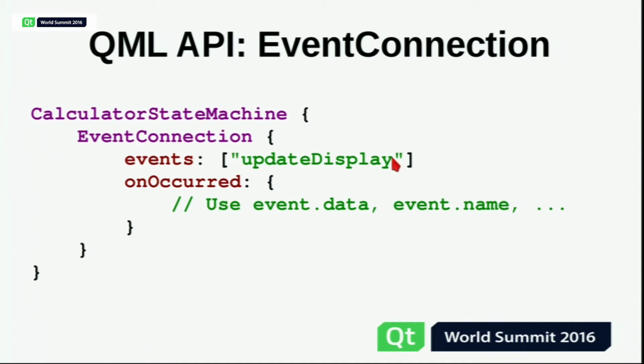You write the event specifier for update display, which is pretty simple in that case, but it could be any of those dot and asterisk things that you know from SCXML. And whenever an event occurs that matches this event specifier, you will get the signal, and then you can use its data and its name and whatever else you have.